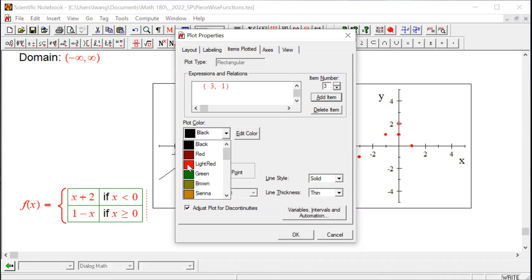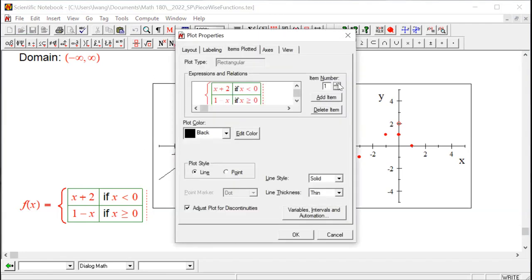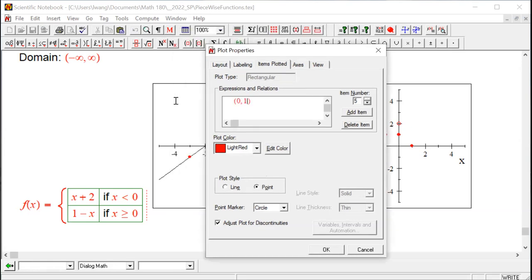And those are red dots. So that's 1, and there's -1, +1. And then two more points: 0, 1 and 1, 0. So these are the points we plotted.